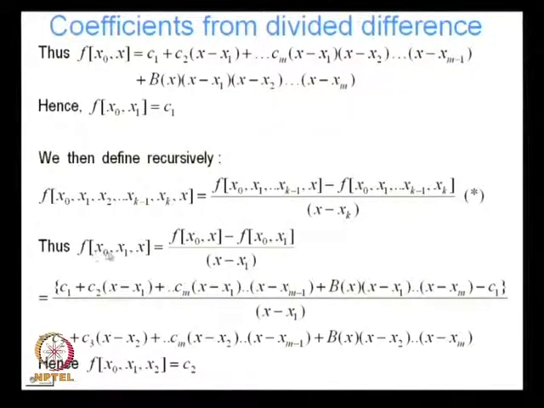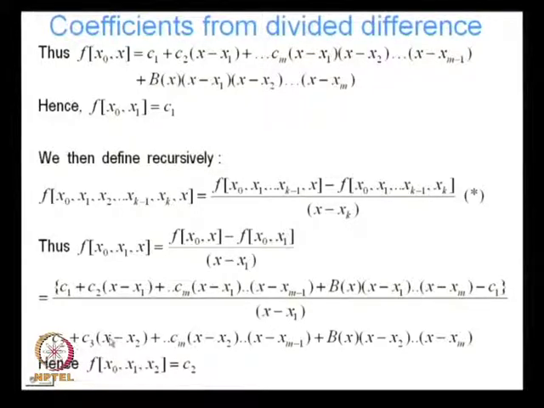So f of x0 x1 x is going to be this, I just talked about that, and f of x0 x we know is this, we have already calculated that, and f of x0 x1 is given by that. So again C1 cancels out, this C1 cancels out that C1, and I am dividing by x minus x1.